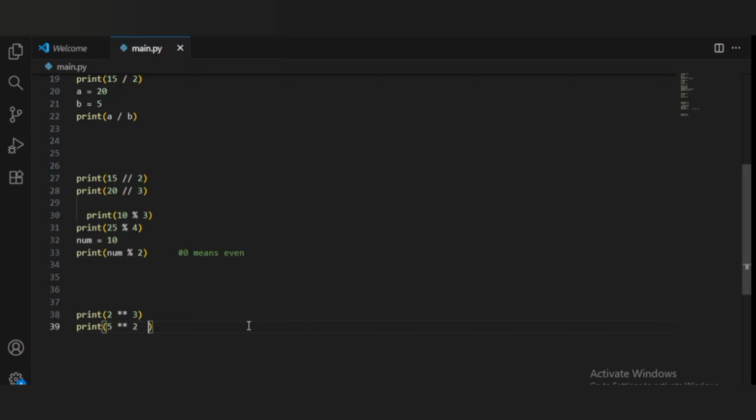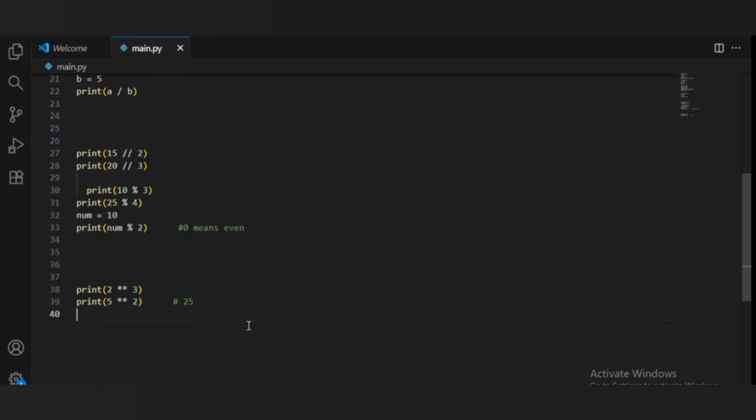Output is 25. Another example is print 10 ** 0. Output is 1.